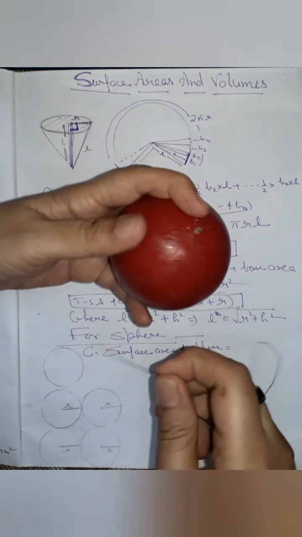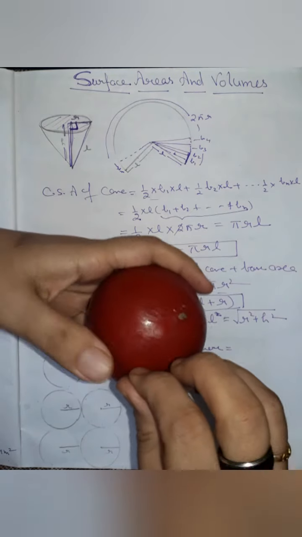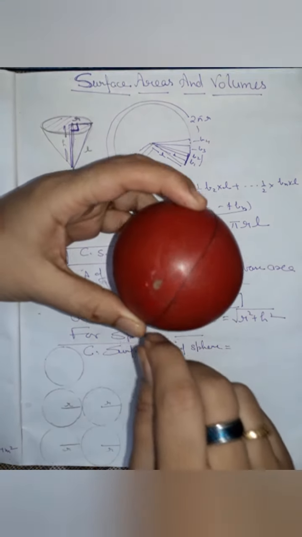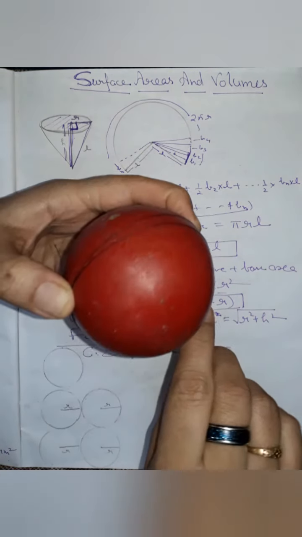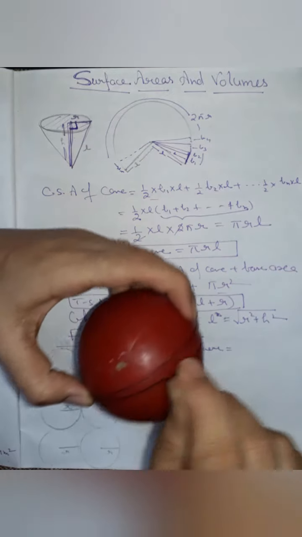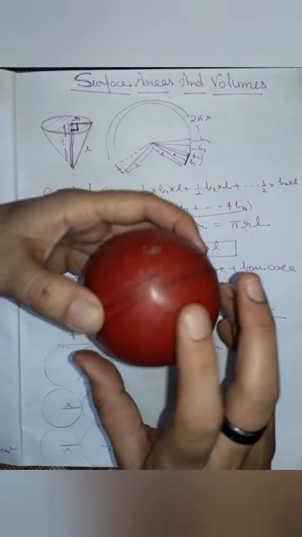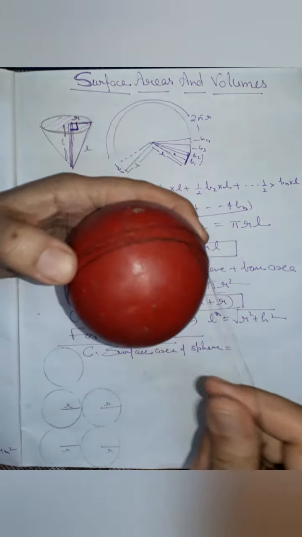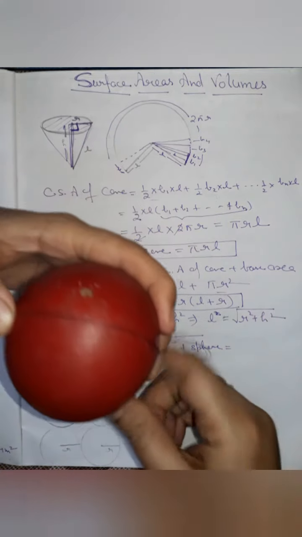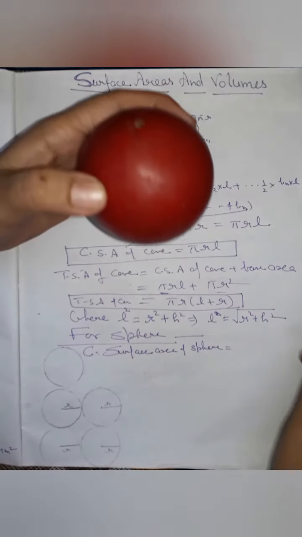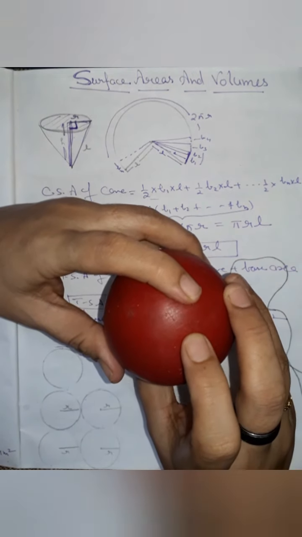For this we are taking this ball and we will wind a string around this ball till it covers it completely like this. Okay, now after covering it completely, we will unwind the string or thread, and after doing this we will find the diameter of this ball.